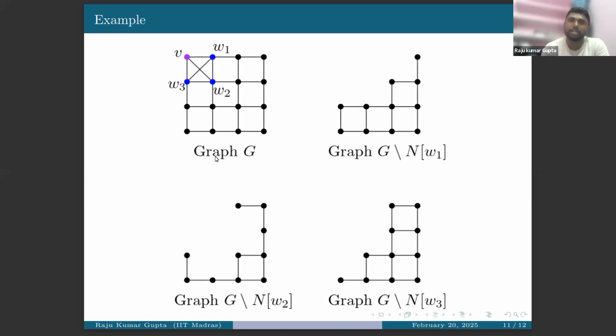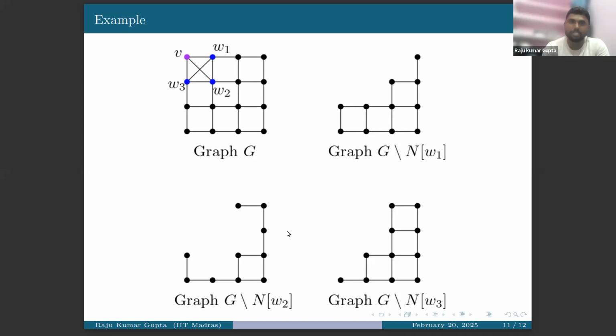And we can represent the independence complex of this graph in terms of the independence complexes of three different graphs with less number of vertices. And now we can proceed further using the above tools that we have discussed.